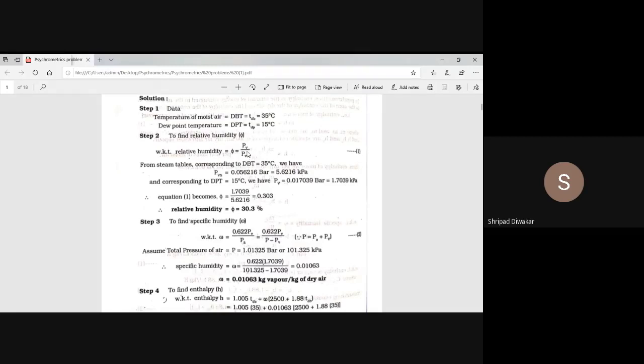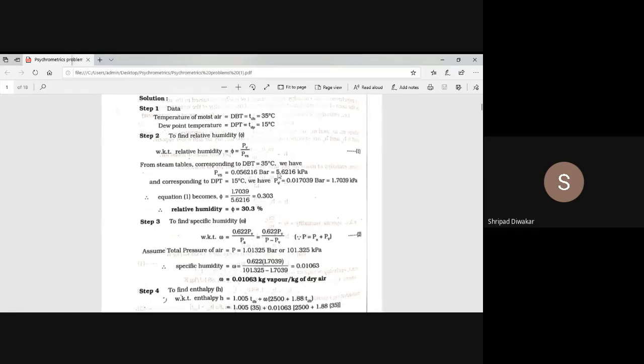You refer to the steam table corresponding to a temperature of 35 degrees Celsius. We get the value as 0.056216 bar. You can convert it to kilopascal.